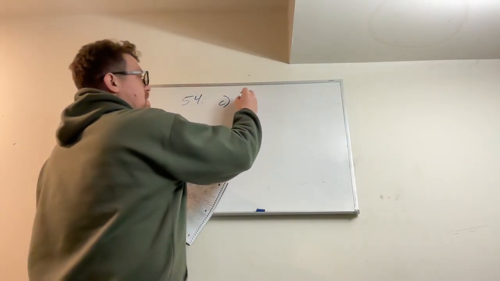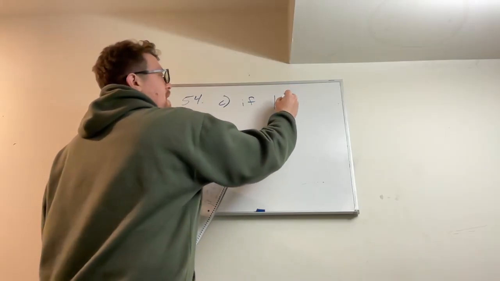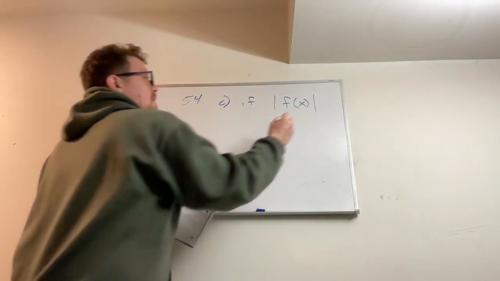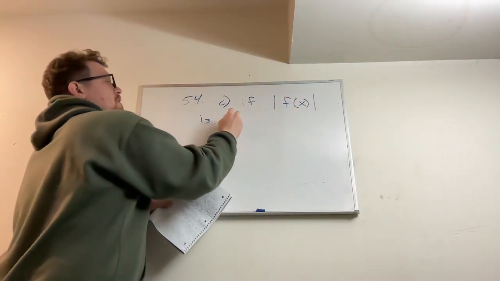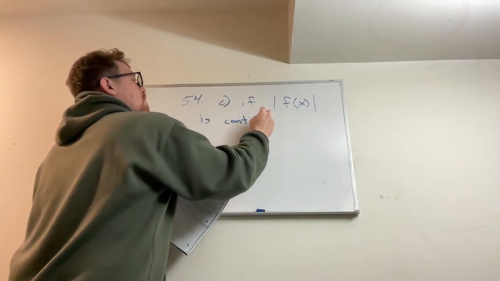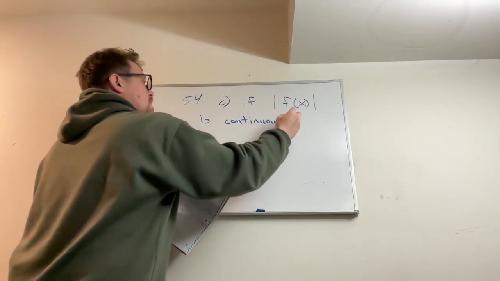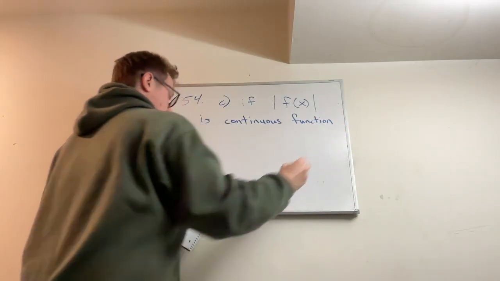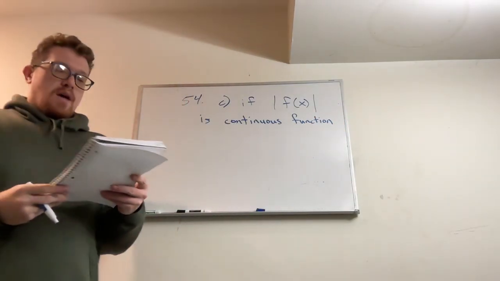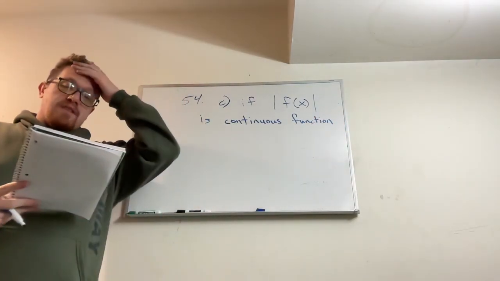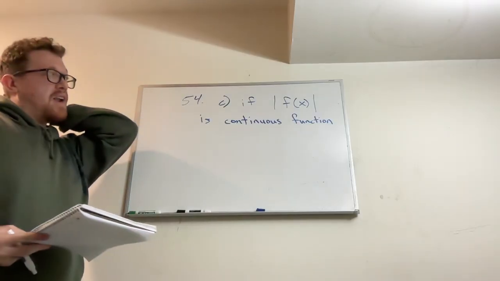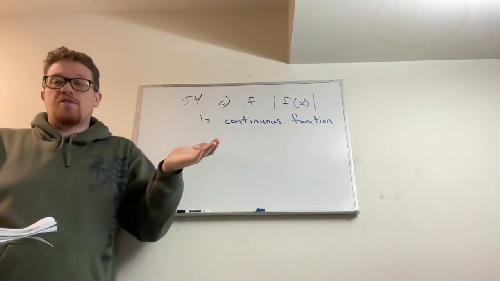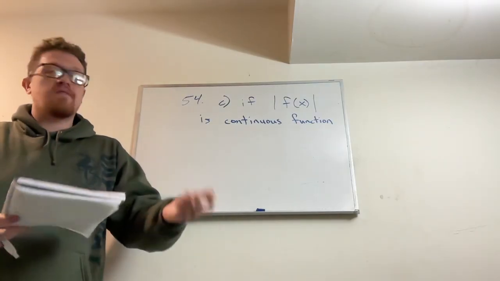So here it says, if the absolute value of f of x is a continuous function, does it follow that f is continuous? And we're asked to either prove that it's always true, or we have to give a counterexample.